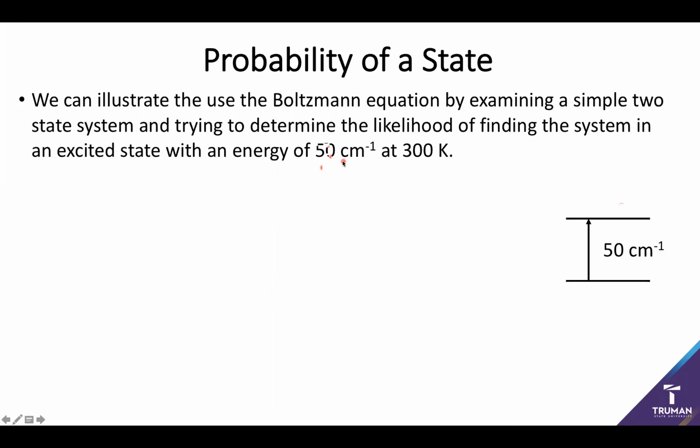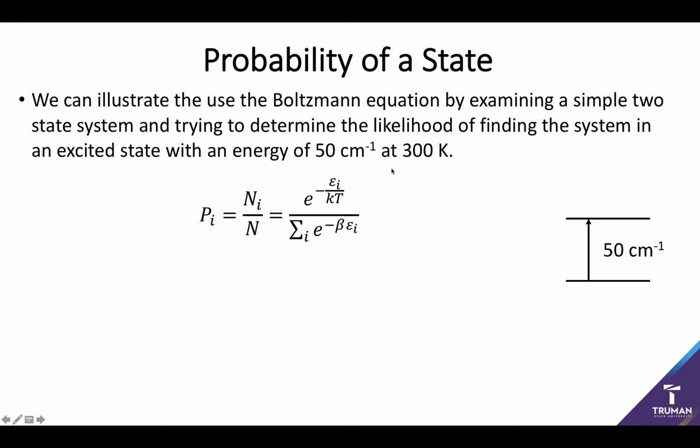If you're not familiar with it, inverse centimeters is a unit of energy that is very commonly used in spectroscopy. So 50 inverse centimeters is essentially right at the bottom end of an IR spectra. So let's figure out how likely I am to find that excited IR vibration if I've got a temperature about room temp, or 300 degrees Kelvin.